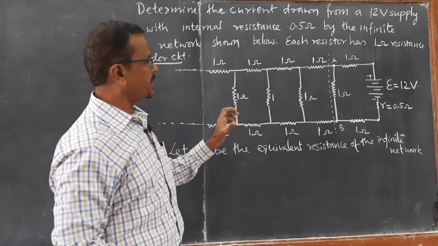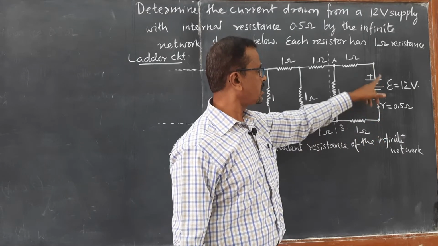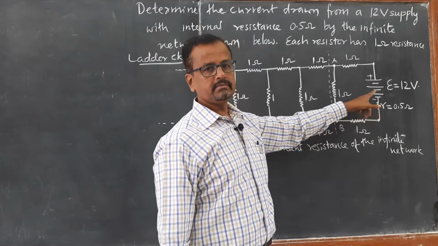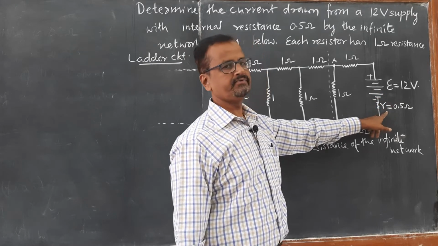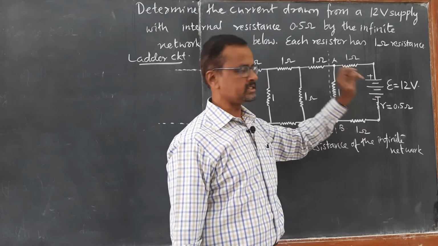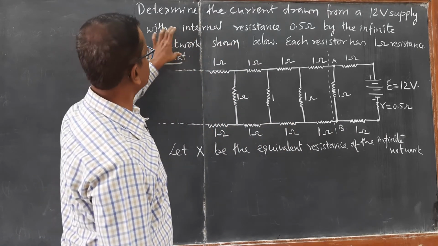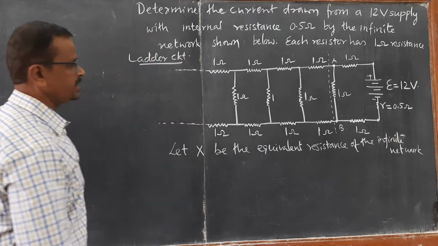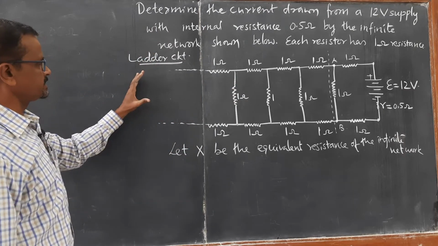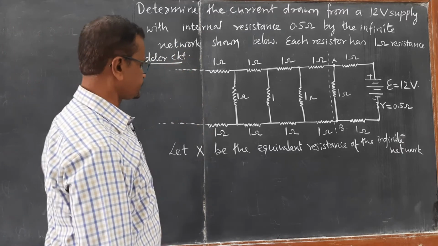They are repeated, and the free ends of these two are connected to a battery of 12 volt EMF having 0.5 ohm internal resistance. You are asked to find the current through this network. This is infinitely extended, so such a network is called an infinite ladder network.